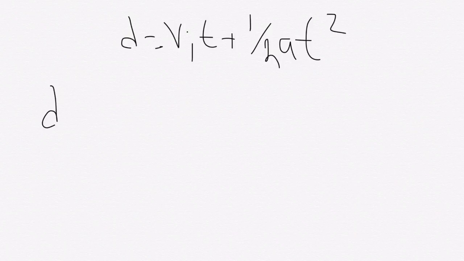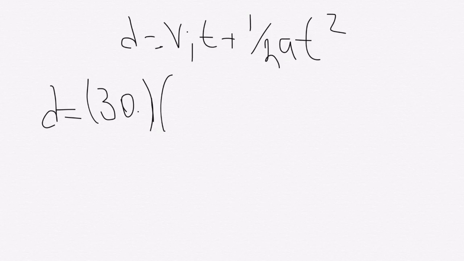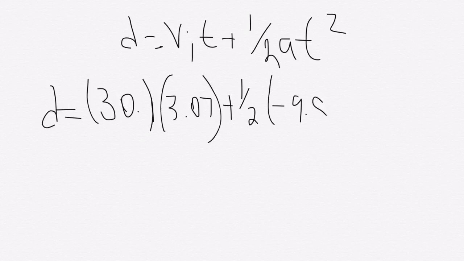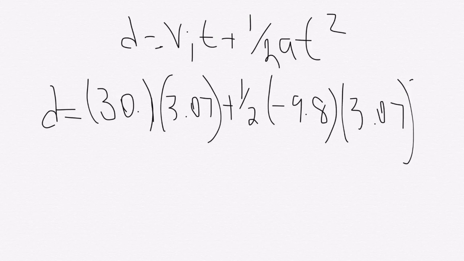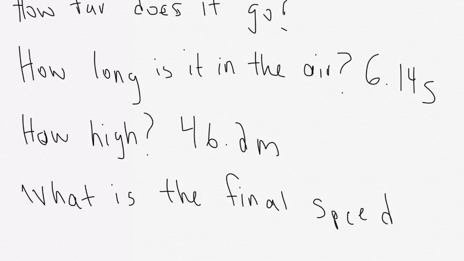If you plug everything in, you do 30.1 times 3.07 plus 1/2 times negative 9.8 times 3.07 squared, and then you get d equals 46.2 meters. At this moment, we have found 2 of the questions that were asked.